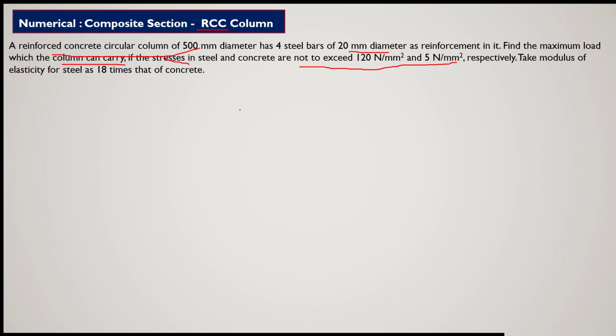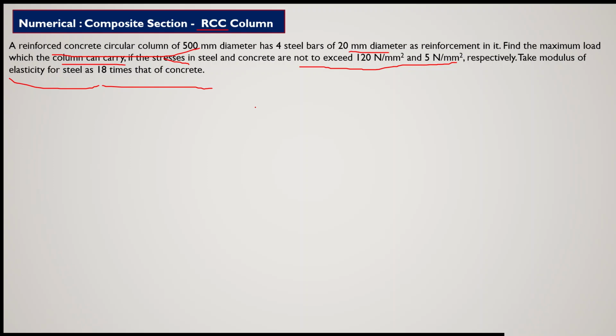We have to find the maximum load which this RCC column as a composite section can take without any failure. Another thing given is that the modulus of elasticity of steel is 18 times the modulus of elasticity of concrete. So it is clear that the major portion of the load will be taken by steel and the other portion by concrete.